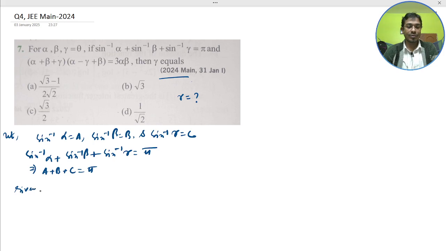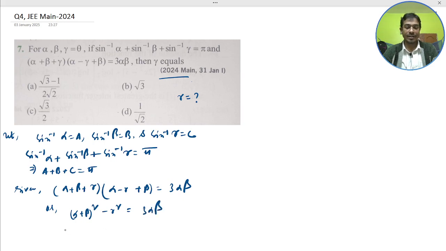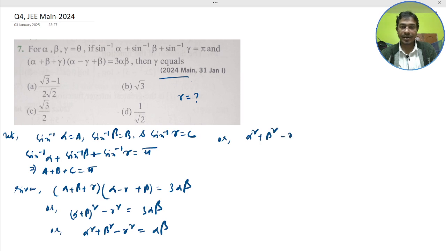Also given that (alpha + beta + gamma) into (alpha - gamma + beta) is equal to 3 alpha beta. So it would become (alpha + beta) whole square minus gamma square is 3 alpha beta. Or alpha square plus beta square minus gamma square is equal to alpha beta. So next, alpha square plus beta square minus gamma square divided by 2 alpha beta is equal to half.